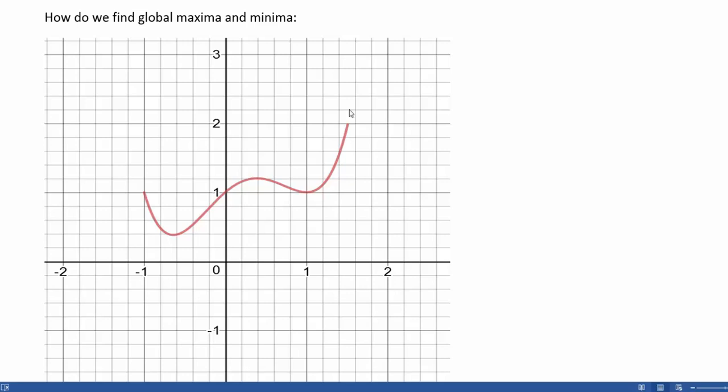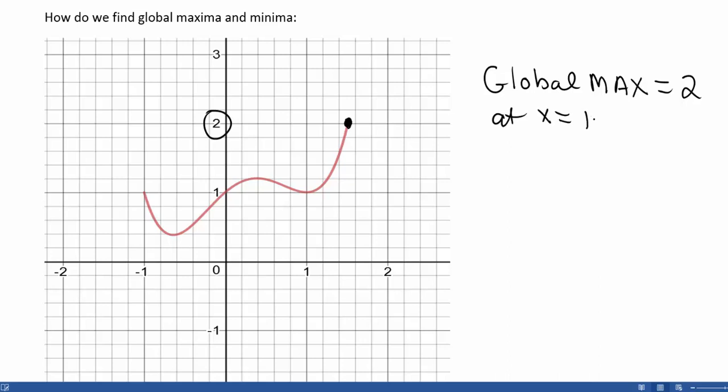Giving it a quick glance, the highest point happens right at the end point. So here, I can see that my global maximum is going to be 2. Remember, we're going to define these by their dependent value. So the global maximum is going to be 2, and it happens at x equals 1.5.